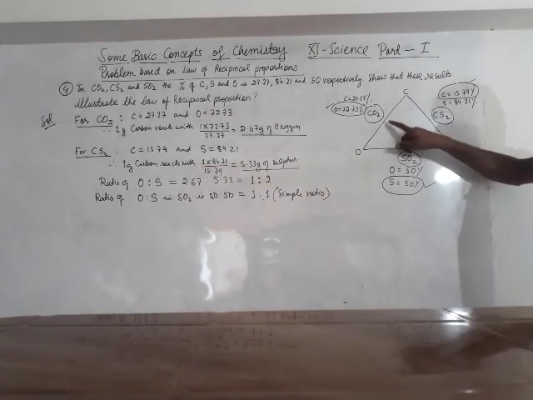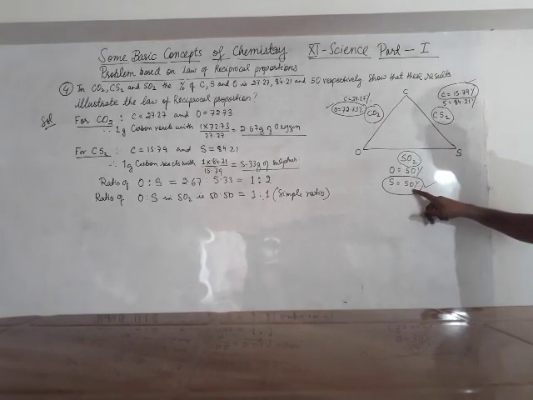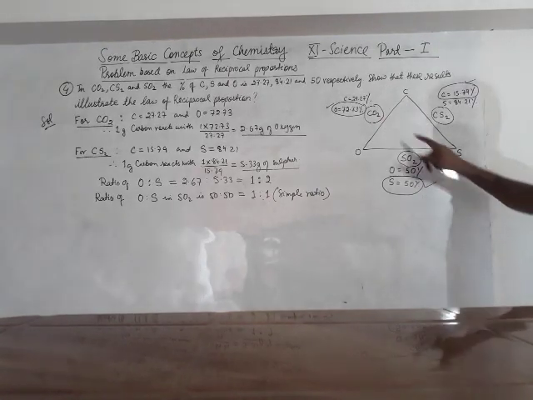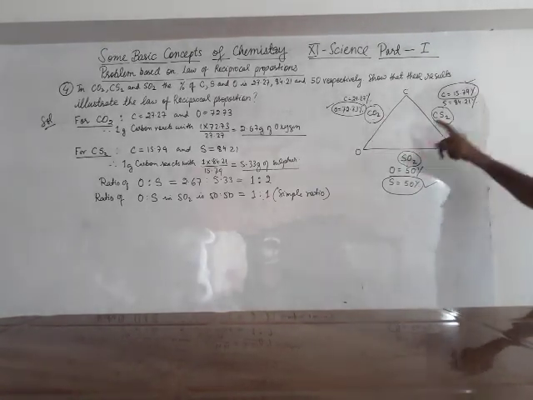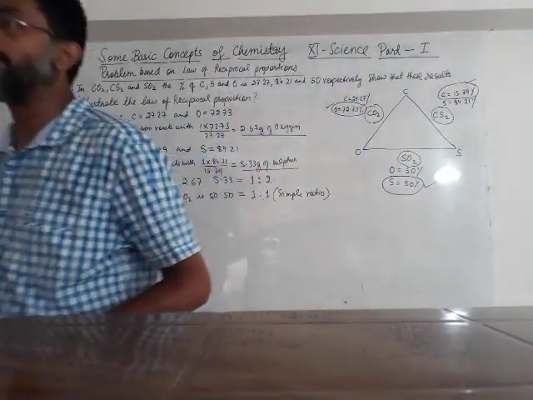But in the third compound, sulfur dioxide, sulfur is from here, oxygen is from here. So the ratio is a simple ratio, 1 to 1. But for these two, it is a multiple ratio, that is 1 to 2. So this was the problem based on the law of reciprocal proportion.